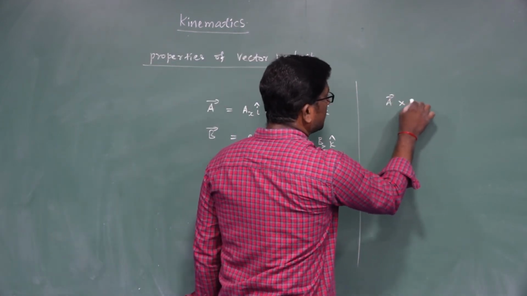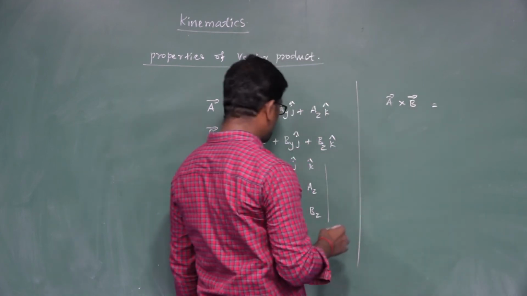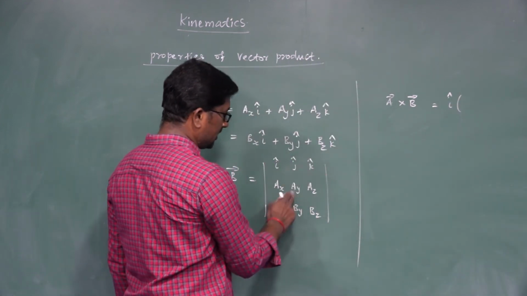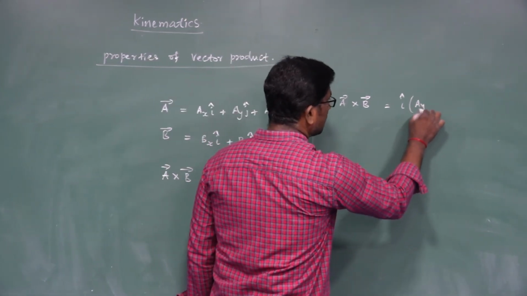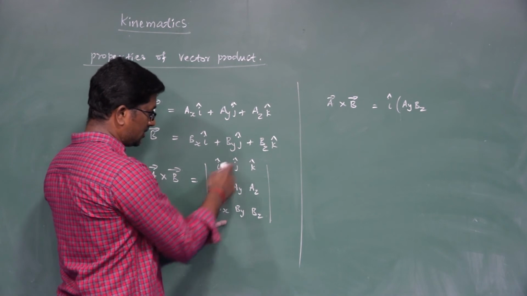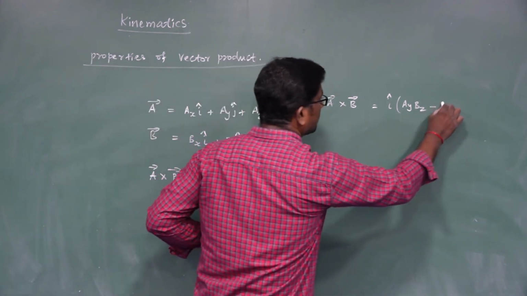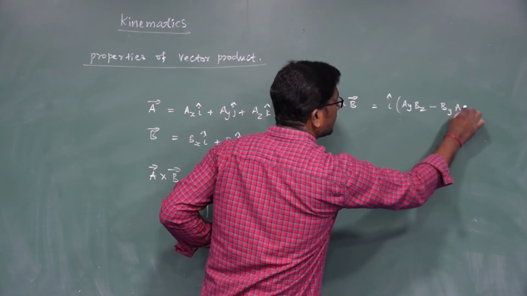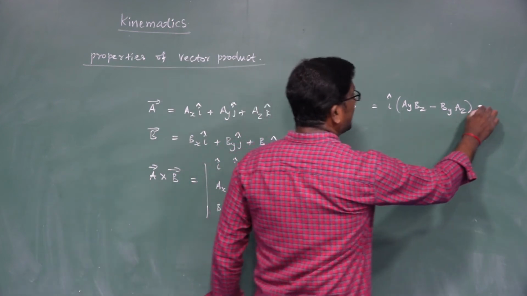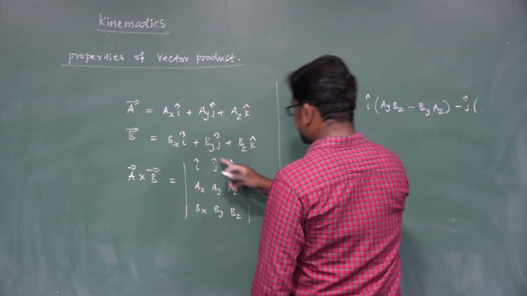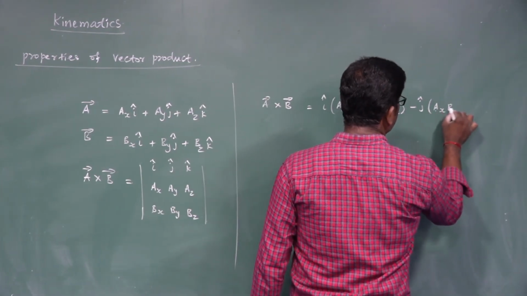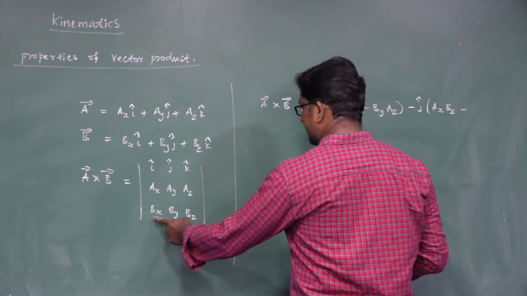A vector cross B vector in component form, further simplification is i cap of Ay Bz minus By Az. Next, minus j cap of Ax Bz minus Bx Az.